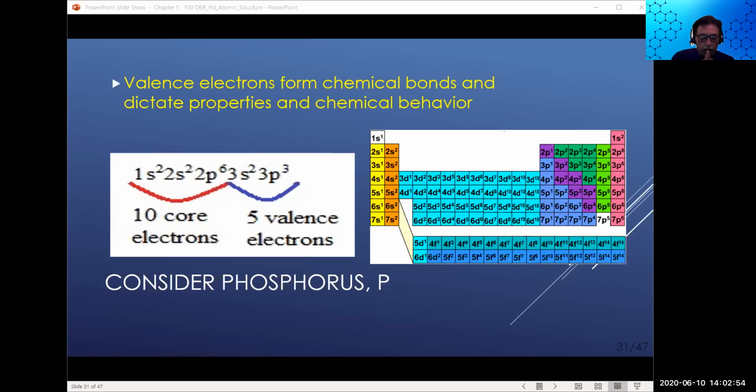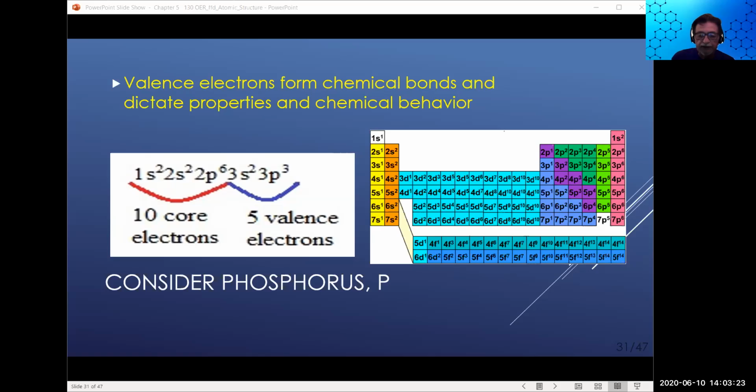Now, there's only one type of S orbital, just one S. For the P's, there are 3 P orbitals. And the D's, there are 5 of them. And the F, there are 7 of them. Now, each orbital can handle 2 electrons. So the S orbital can handle at the maximum 2 electrons.